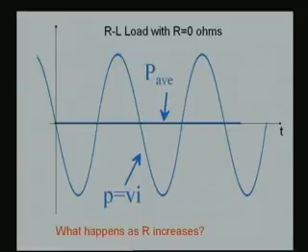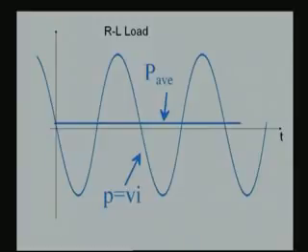So, now what happens when R increases? That is something that we need to look at. Now, let us say R increases slightly from 0. We will see that the power curve shifts up. There is now a small finite average power as seen from the graph.